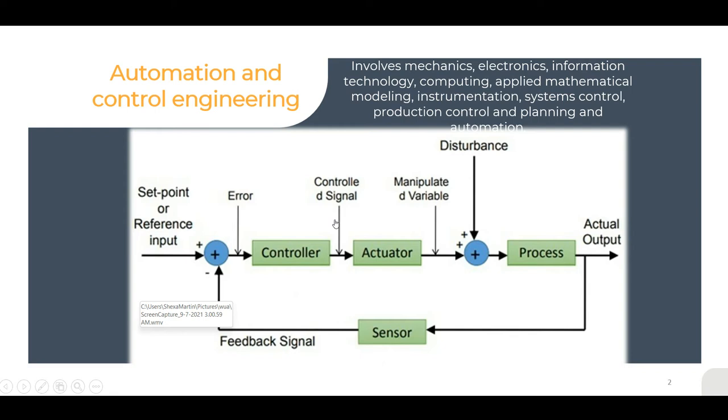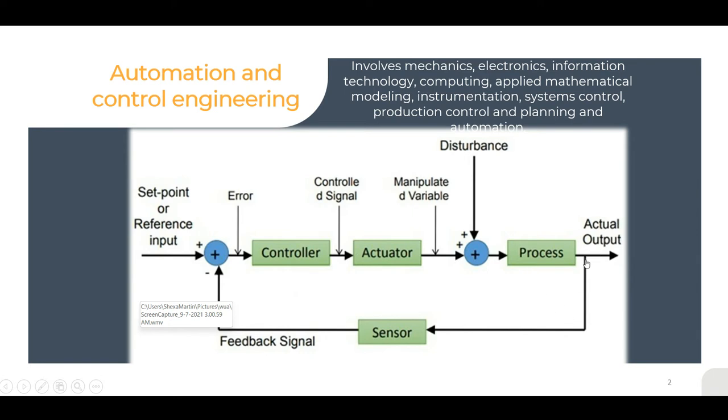If the temperature is now too low, aircon, please switch off, and let's have the heater on so that we increase the temperature. So the actuator is the one that is now rotating the fan, or actually turning on the cooling system. Then we go to the actual process, and then up until we get to the output.